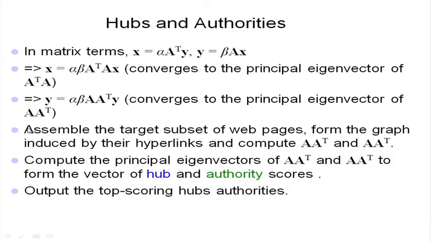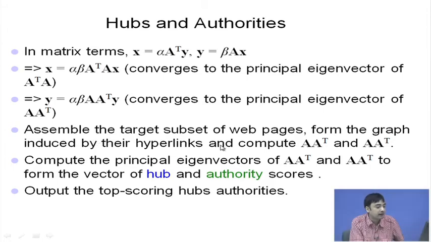So, look at the slides. There are basically 3 steps in the algorithm. Assemble the target subset of web pages from the graph induced by their hyperlinks and compute A transpose A and A A transpose. There is a printing mistake here, one is A transpose A and the other is A A transpose. Okay.